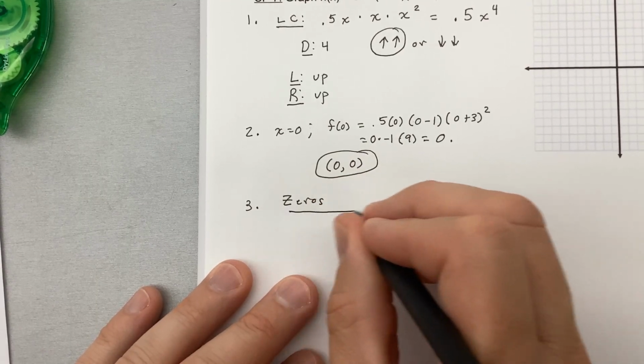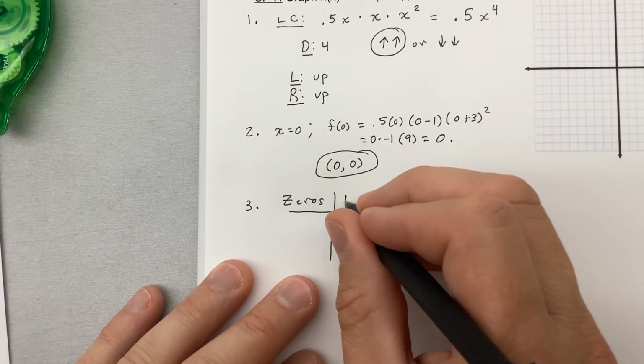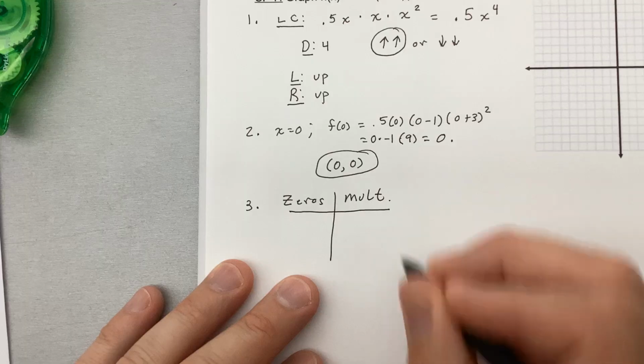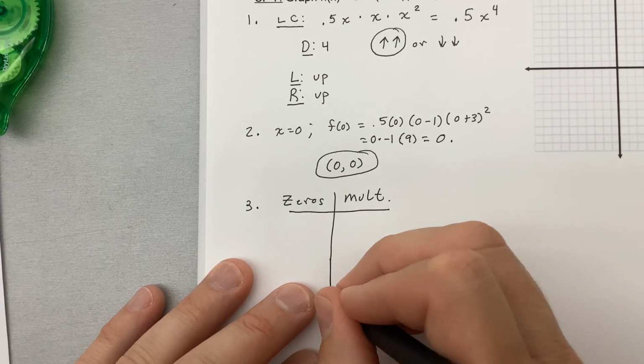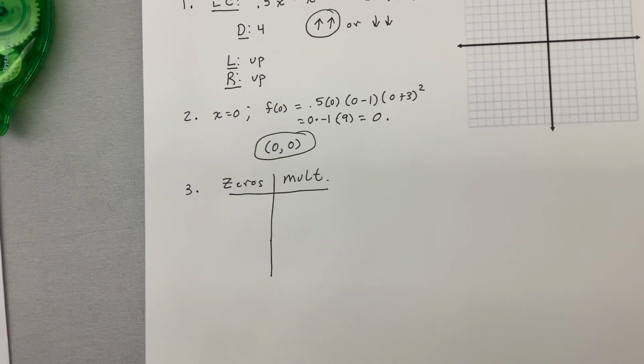And I'm going to let you go ahead and finish it. Find your zeros, identify multiplicities, and go ahead and come up with your sketch.